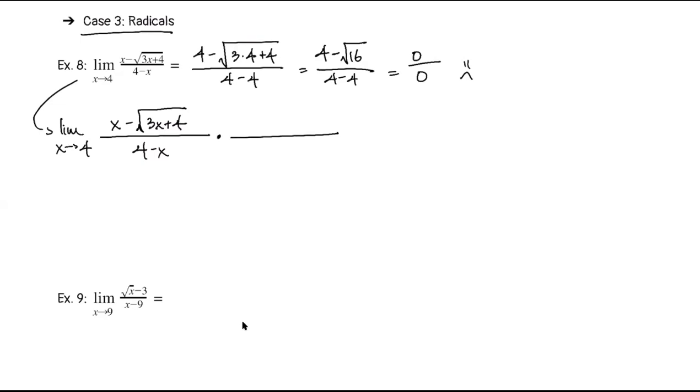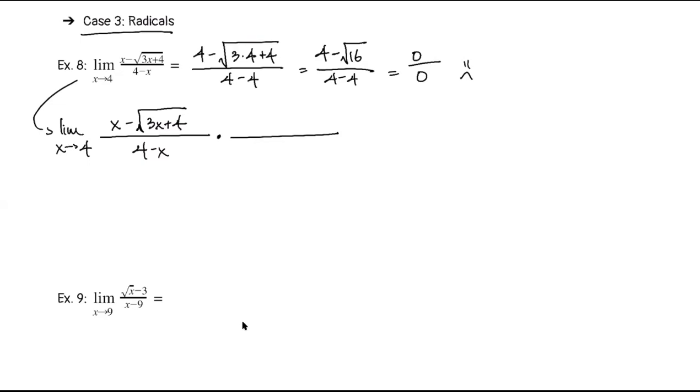So numerator or denominator, which one has the radical? The numerator has the radical, right? Whatever is the one with the radical, the fancy way that we're going to say 1 is we're going to multiply by the conjugate.